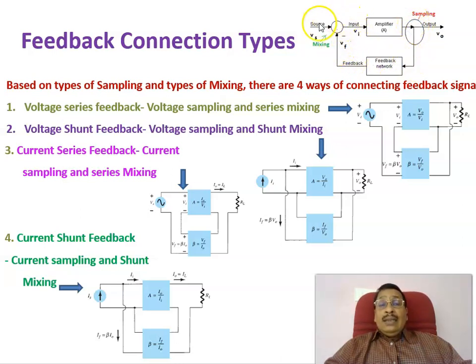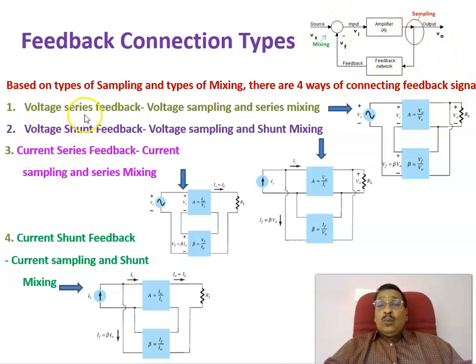Similarly, on the input side, either you can mix the voltage, which we call series mixing, or you can mix the current, which is called shunt mixing. Mixing is at the input side and sampling is decided at the output side. Therefore, based on the type of sampling and mixing, there are 4 ways of connecting the feedback signal.